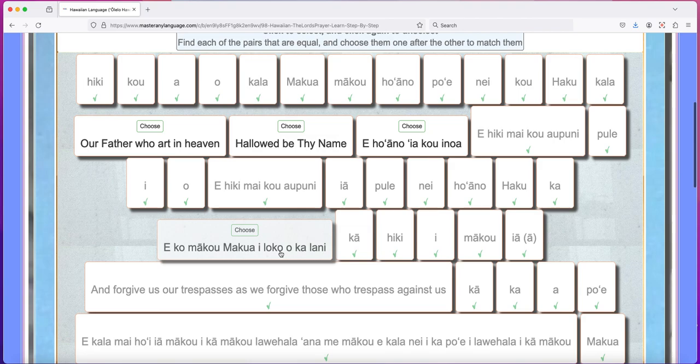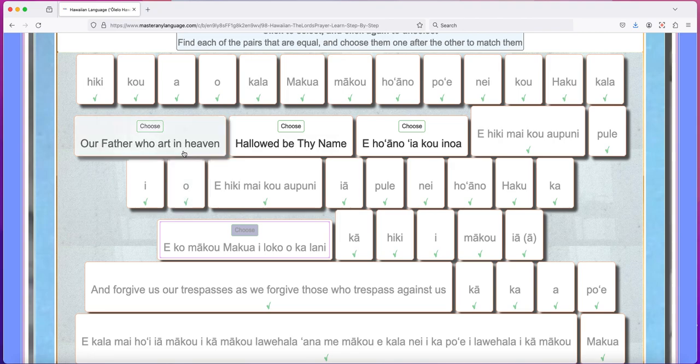One of these is our Father in heaven. The other one is hallowed be thy name. I'm going to say this is hallowed be thy name. Oh, that was wrong. Okay, our Father art in heaven.